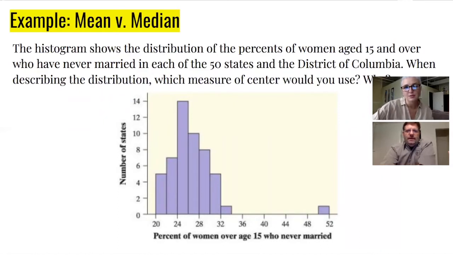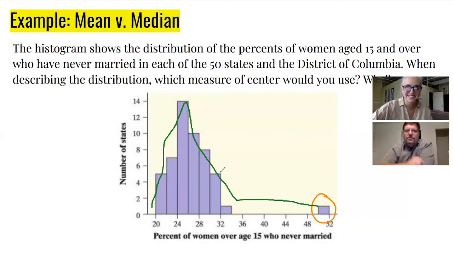Well, since we got that little cluster, or maybe an outlier, at 40 or 50 to 52, that's going to pull the data. And now if I think about a shape of this, it would be something like that. Not the best graph I've ever drawn, but it's skewed to the right. So I wouldn't want to use mean for this set of data.